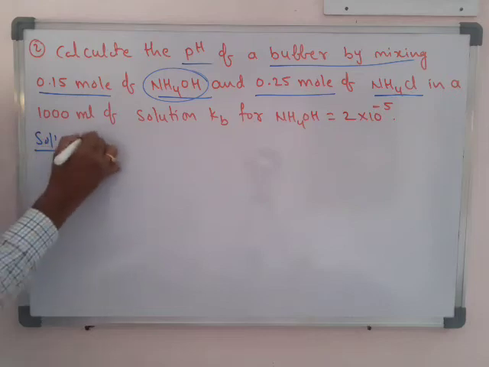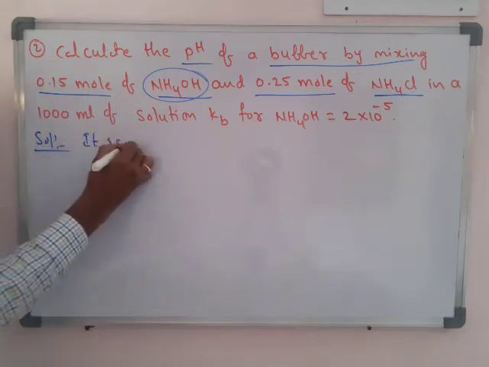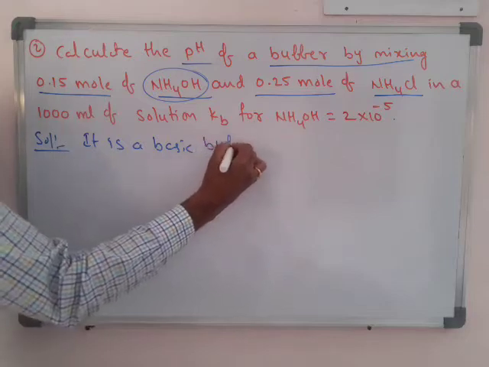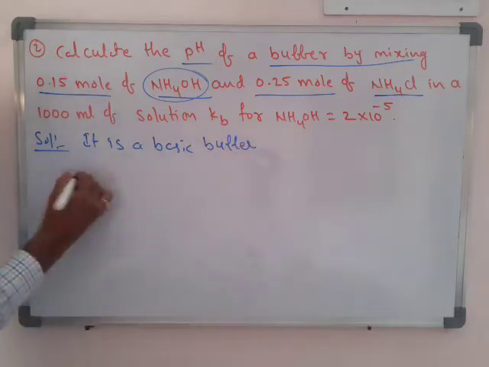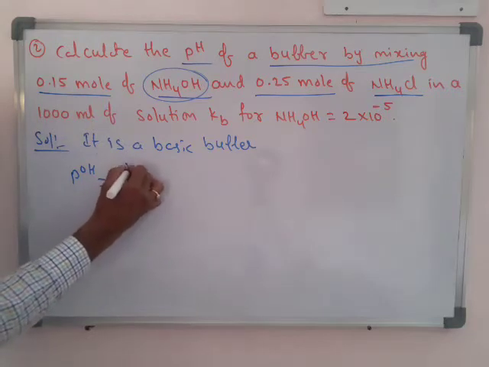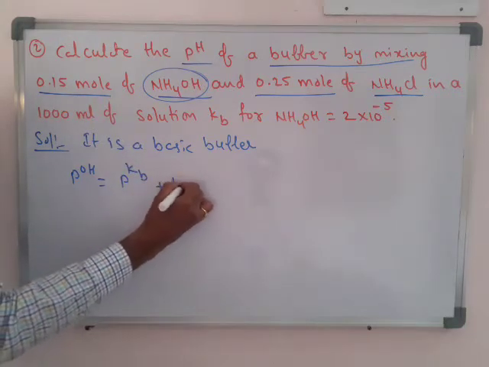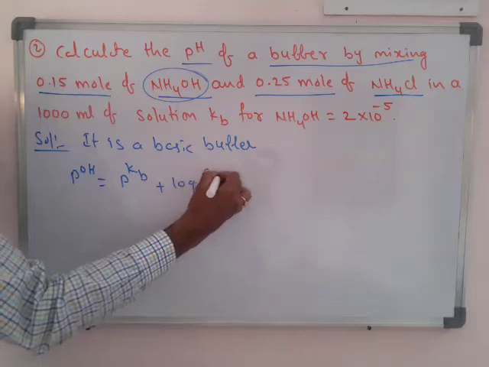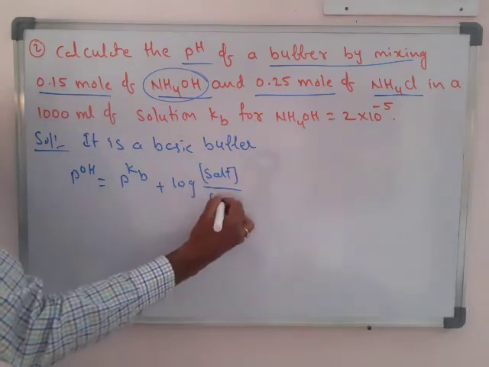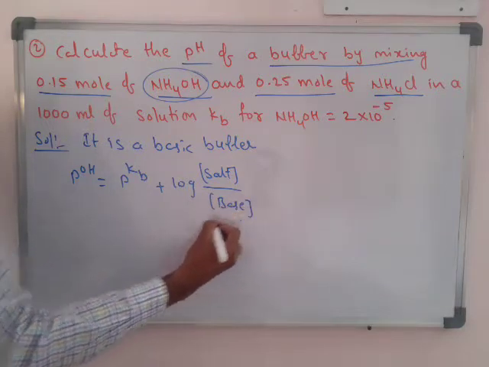So you can say it is a basic buffer. So for basic buffer we have the formula pOH equals pKb plus log salt concentration by weak base concentration.